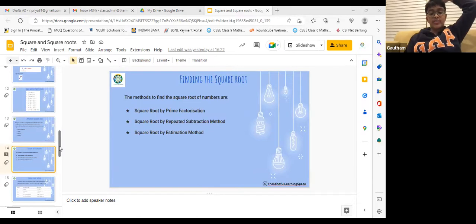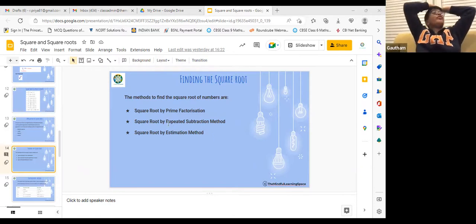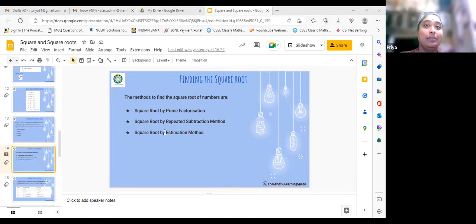Oh yeah, prime factorization, repeated subtraction and estimation. Okay, 3 methods. I get square root problems in school sometimes, and if I don't know it, I just try to estimate. Estimation for square roots of big numbers is very easy. We are going to take the same number for prime factorization and repeated subtraction and see.